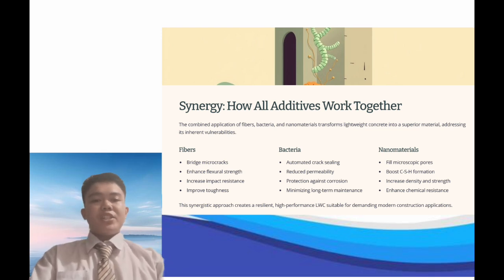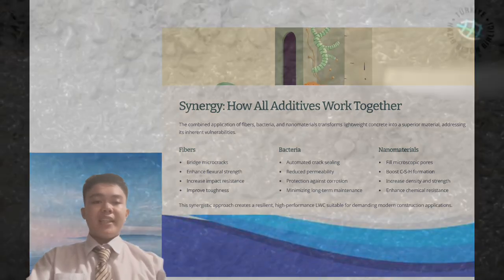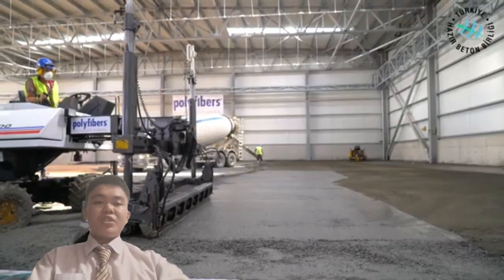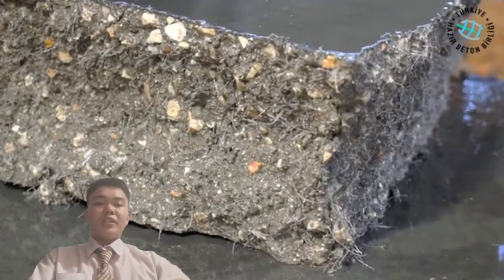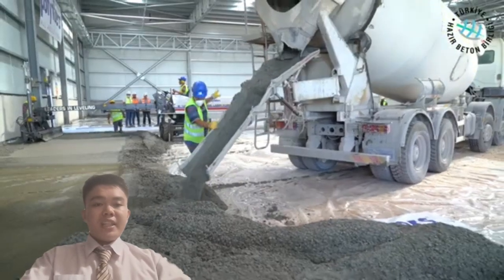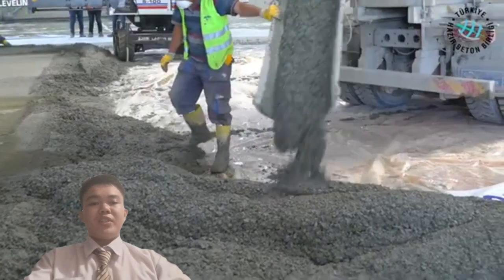Overall, the integration of fibers, bacteria, and nanomaterials transforms lightweight concrete into a more durable, resilient, and high-performance material, suitable for modern construction applications. Each modification targets different weaknesses of lightweight concrete, and when combined, they create a synergistic upgrade that significantly improves structural reliability and sustainability.